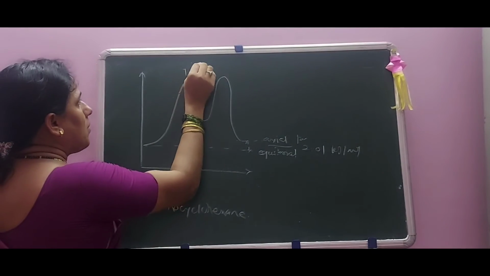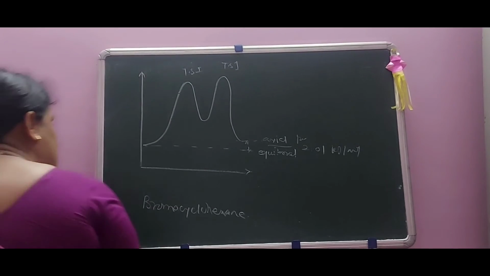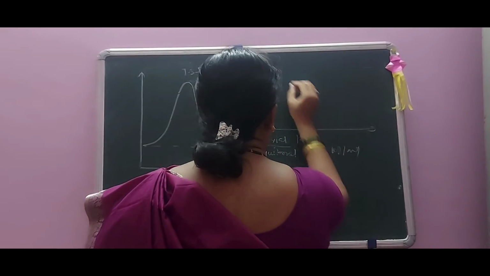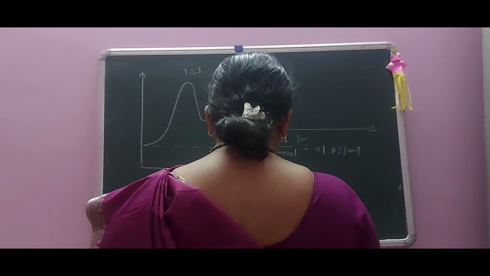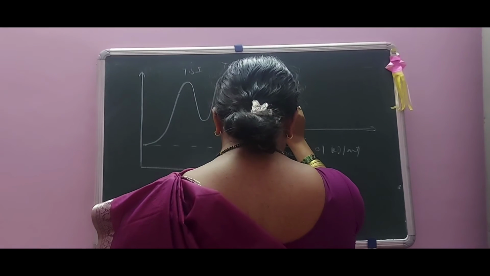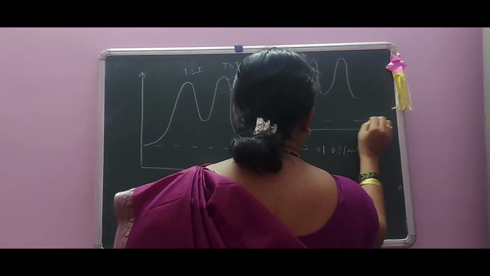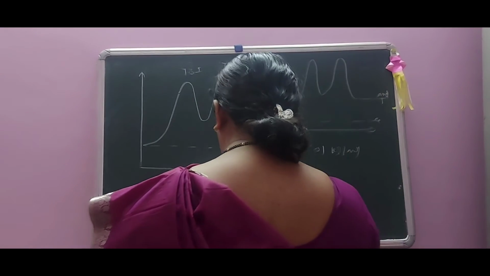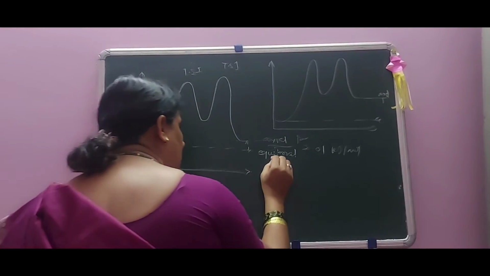Here we are talking about TS1 and TS2. Okay. Now the second case, methyl cyclohexane. In the case of this also, this is the axial one and this is the equatorial one, and this is what happens in cyclohexanol.